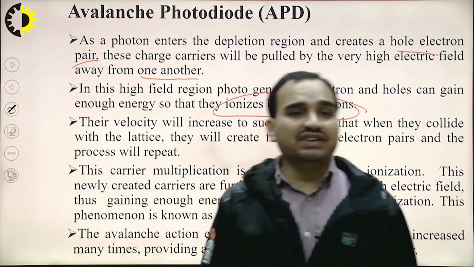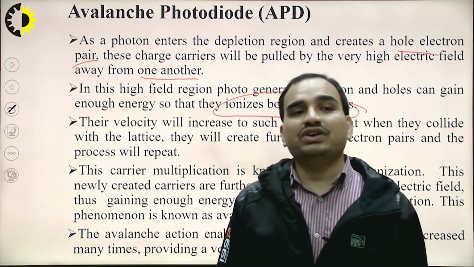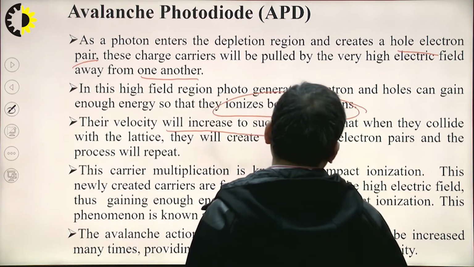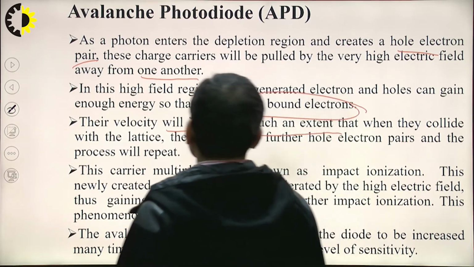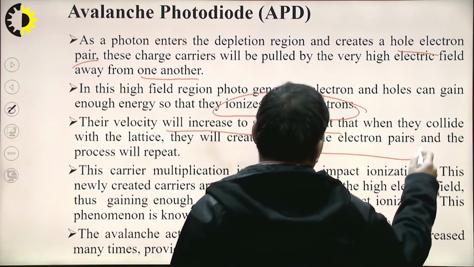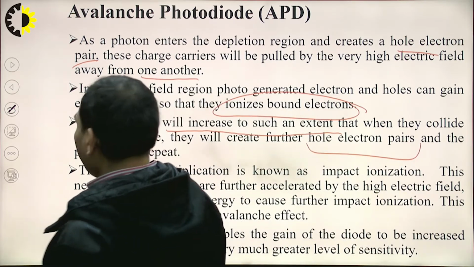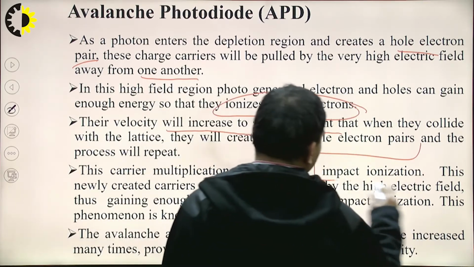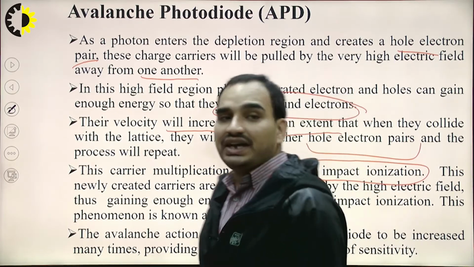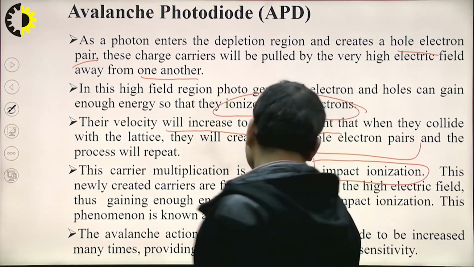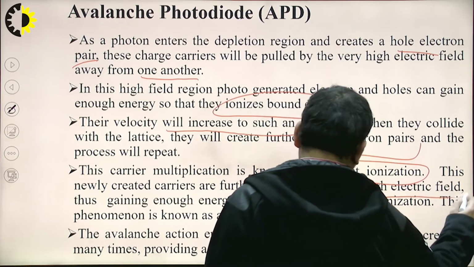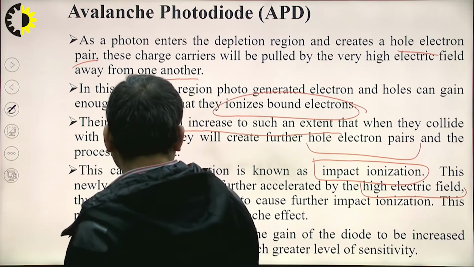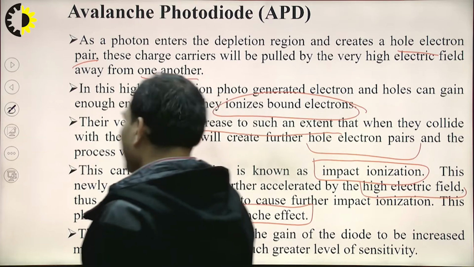Their velocity increases to such an extent that when they collide with the lattice, they create further hole-electron pairs, and the process repeats. This carrier multiplication is known as impact ionization. The newly created carriers are further accelerated by the high electric field, gaining enough energy to cause further impact ionization. This phenomenon is known as the avalanche effect.